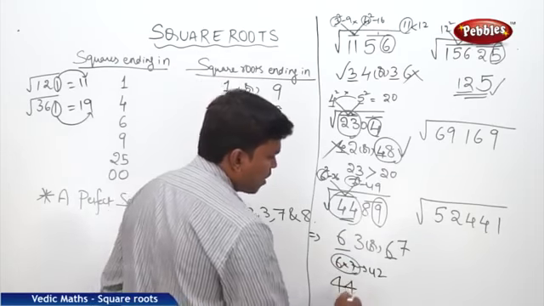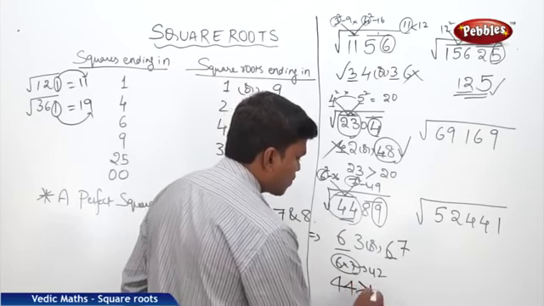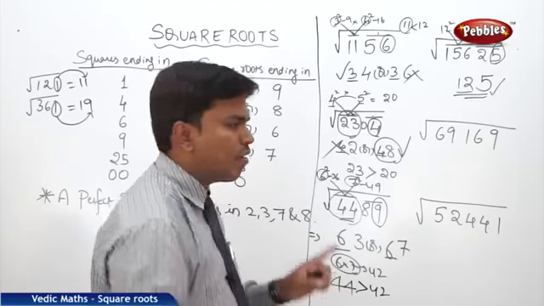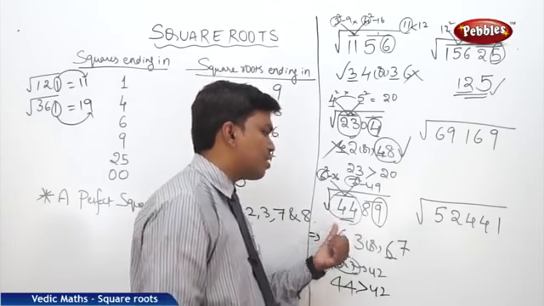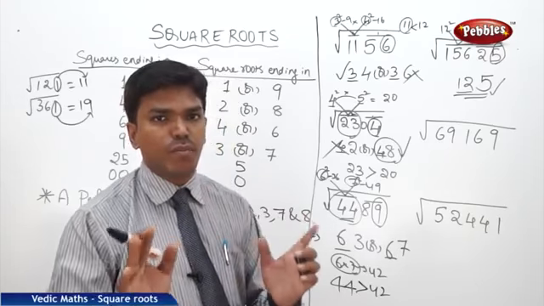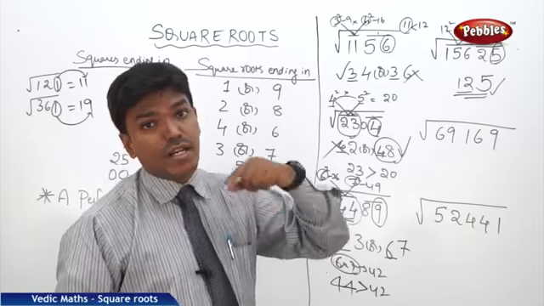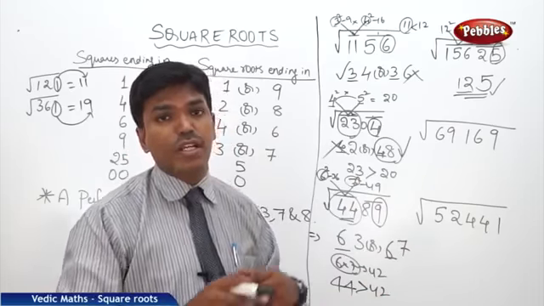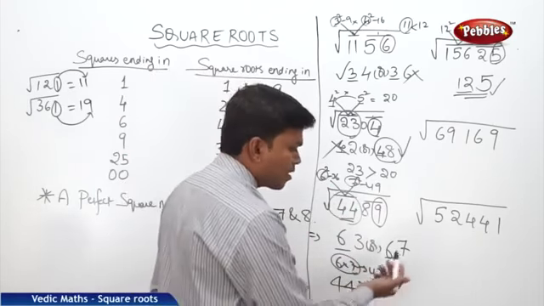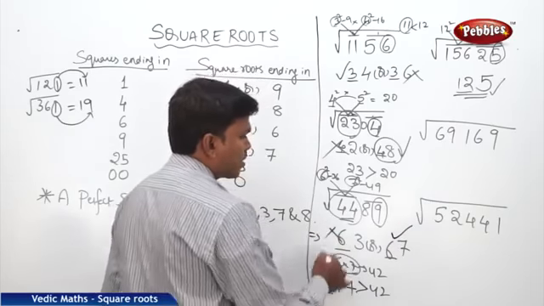Is 44 greater than 42 or less than 42? It is greater than 42. If at all the second partition number is greater than the product of those two border square numbers, obviously the greater number will be your answer. So here it is greater, so that will be 67, not 63.